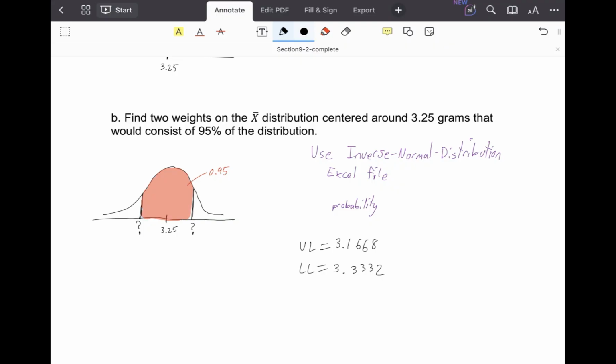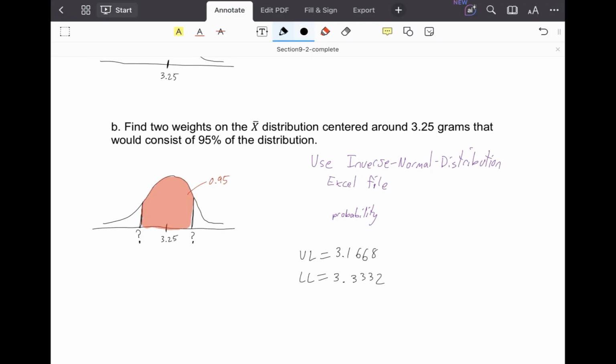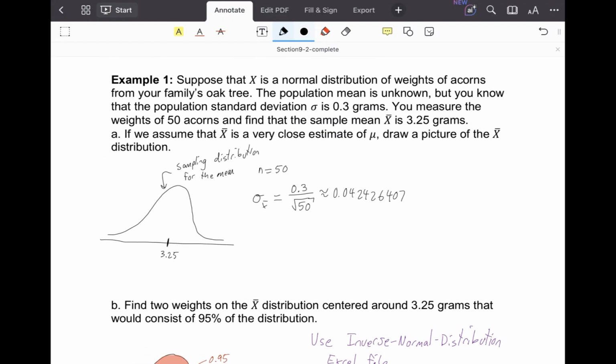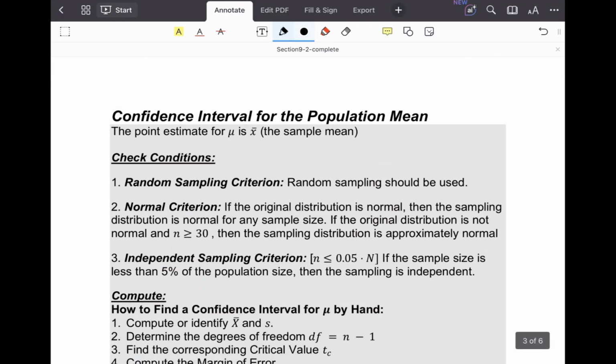But I wanted to give you an idea of what's going on in the background with these confidence intervals. And they really are using the inverse distribution in order to get these two limits and to give us a confidence.